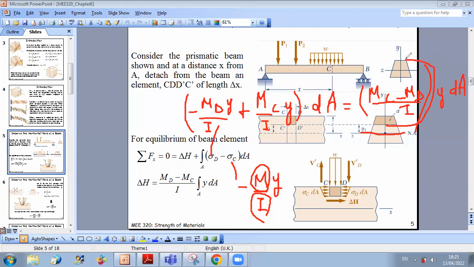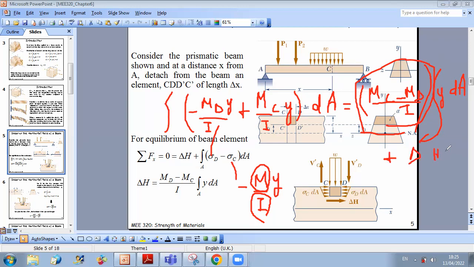So it's not varying over the cross-sectional area. I can take it outside of the integral, and then I am left with the integral of y dA. So it's equal to (M_C minus M_D) over I times the integral of y dA, and this term plus delta H is equal to 0.